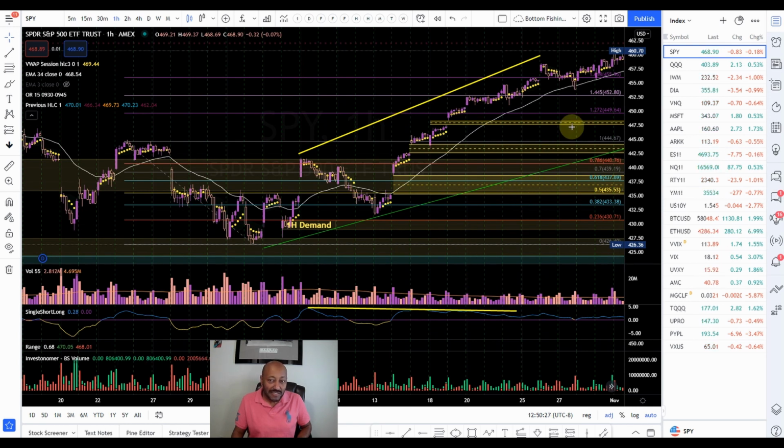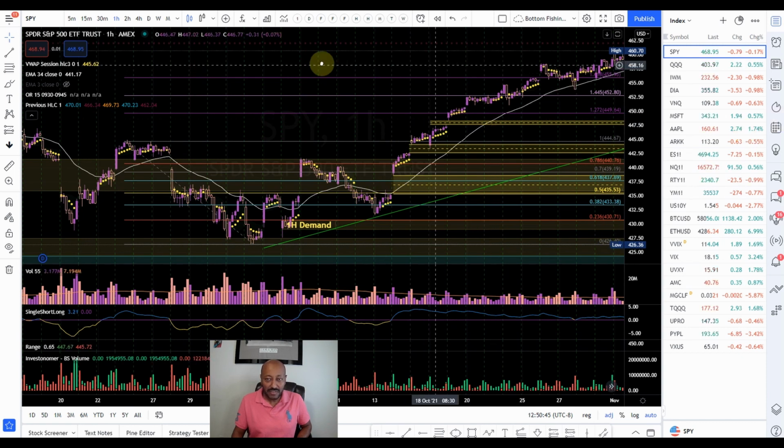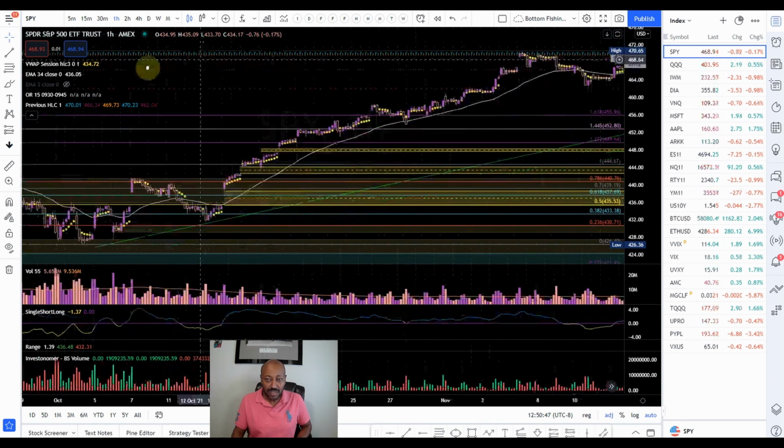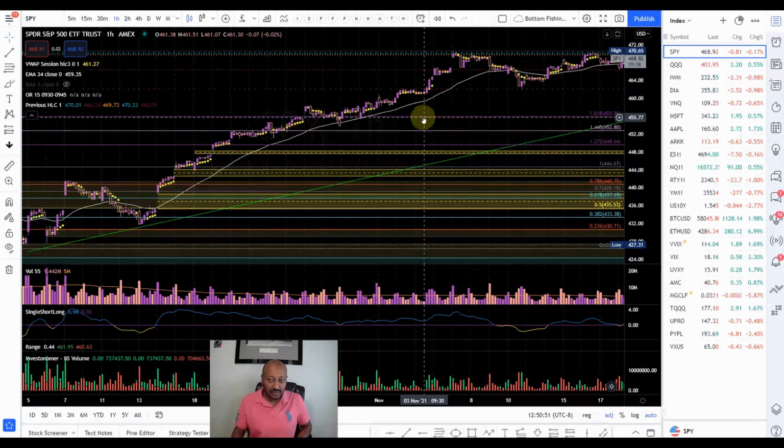If we see this and we see the VWAP below the 34, time to exit. You don't have to wait until targets are hit. Of course, you can wait and see what happens, but for me, my preference is I wait for another entry to get the trigger. So there you have it.